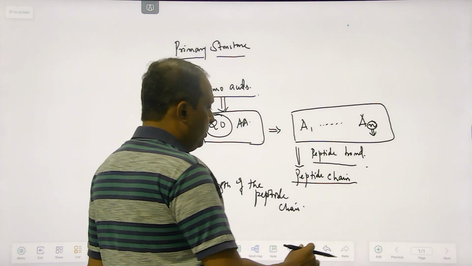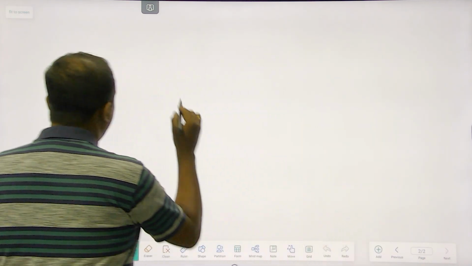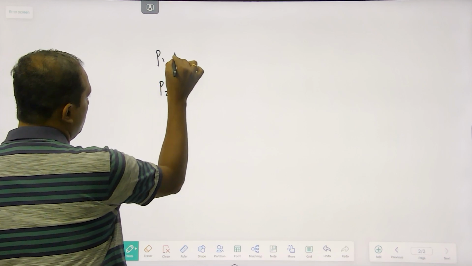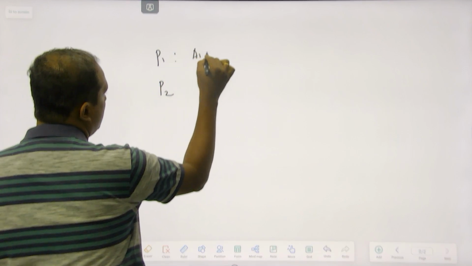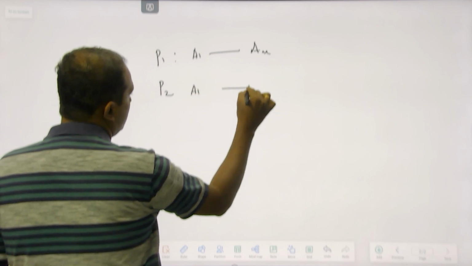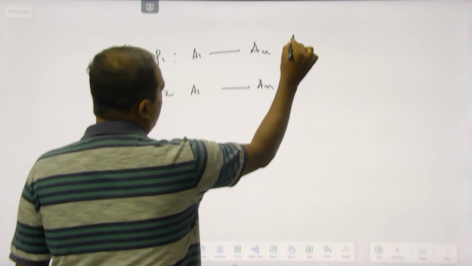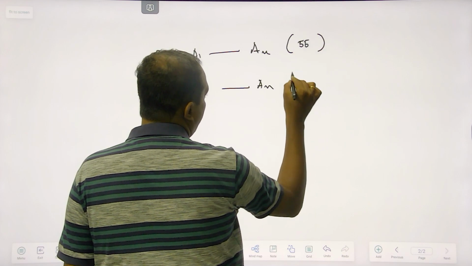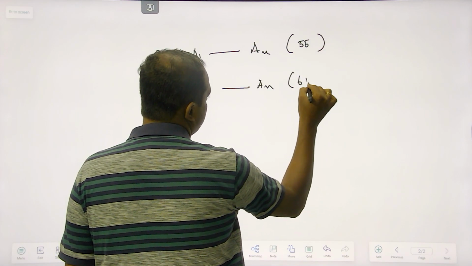Say for example you have protein P1 and protein P2, so A1 to AN here, and A1 to AN here too. The N value here, let's say, is 55 and here it is say 60.